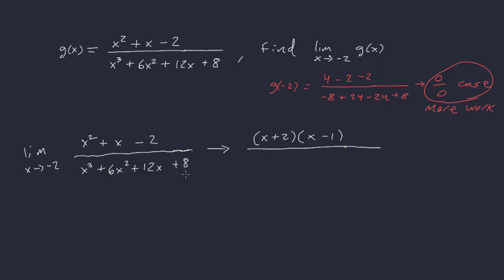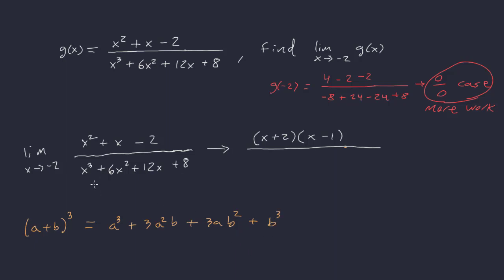since I have an x cubed, this might be a cubic form. So for example, if you have a plus b all cubed, this comes out to be a cubed plus 3a squared b plus 3ab squared plus b cubed.